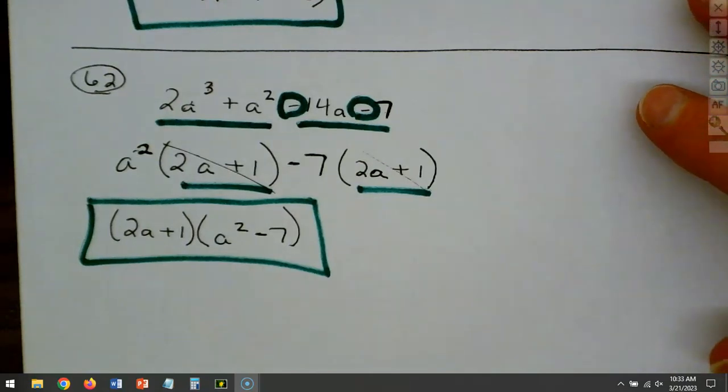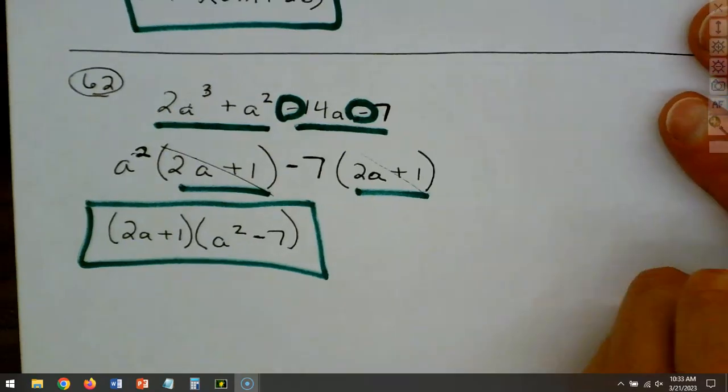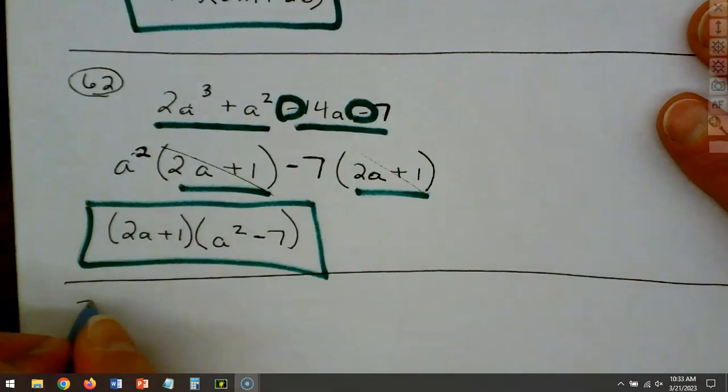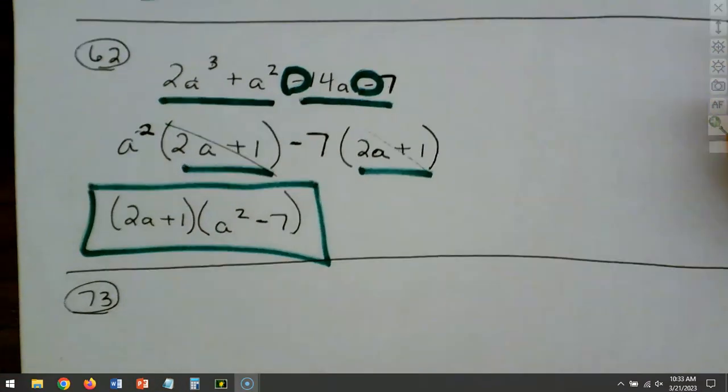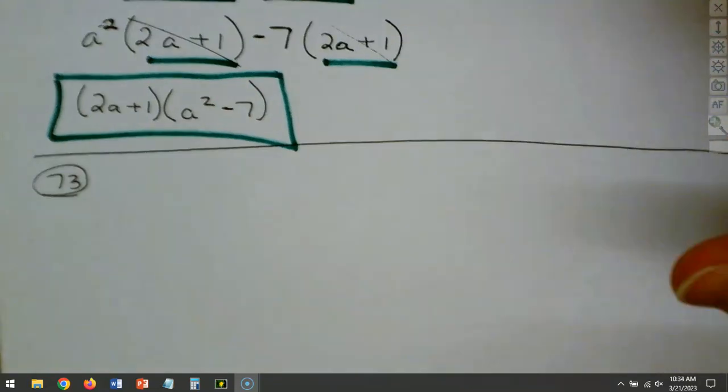Let's try another one. Let's look at, how about question 73? Again, factor by grouping for these. If you have 4 terms, you've got to factor by grouping.